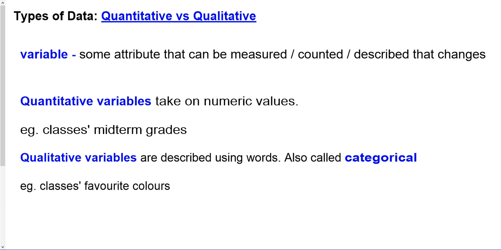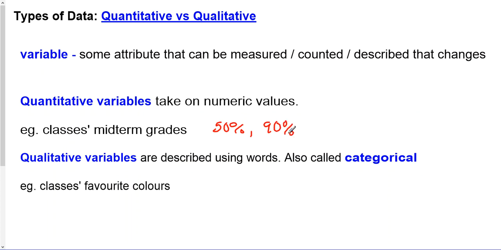So we can talk about quantitative variables. Quantitative variables are variables that can take on numeric values. So for example here, we could have a variable that is this class's midterm grades. Those are obviously going to be numbers like 50% or 90% or what have you. And because we can express those in terms of numbers, I hope it's not 50%, 90% would be much better.